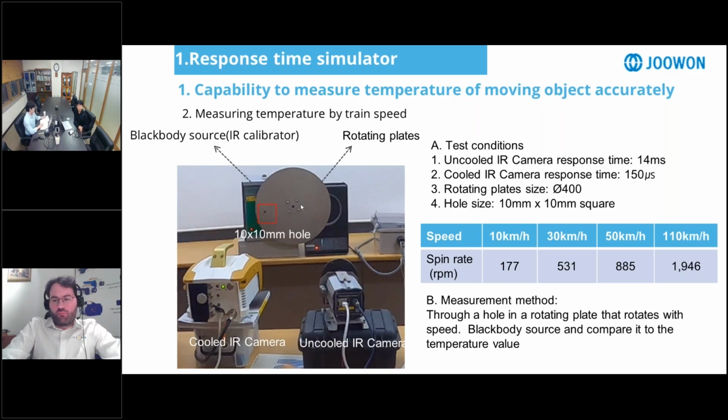They have a small light in the center, and in front there is a plate with 10 by 10 millimeter holes. During fast rotation, there are moments when the small light of the black body and the small hole of the plate coincide at the same position. At that time, we could check which test is more reliable for temperature accuracy. Here is the cooled IR camera. Here is the uncooled IR camera.